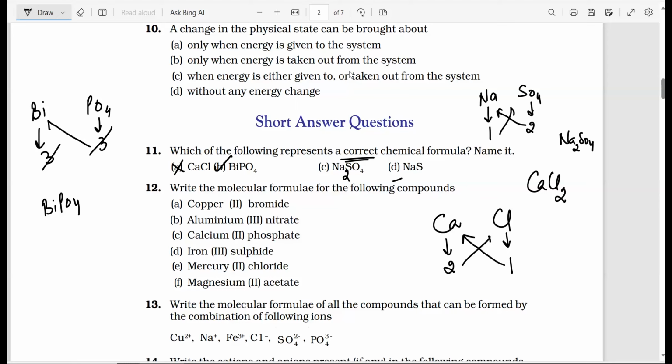And this one, sodium sulfide. Sir, option B is correct. Option B is correct. Why is D incorrect? What should be the correct formula?